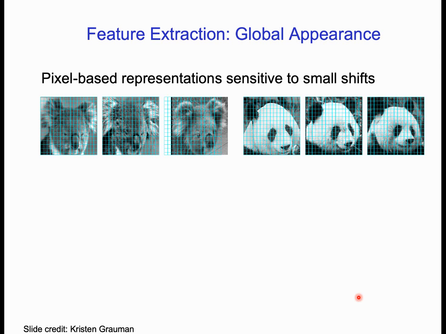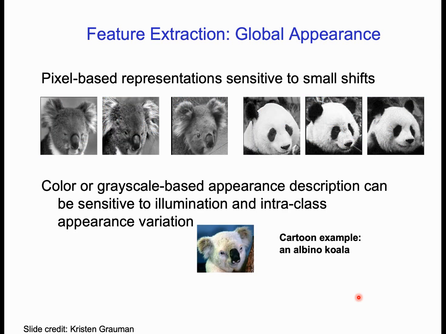So I will not be able to do a matching accurately. On the other hand, the color or grayscale-based appearance descriptions and histograms, well, they might be sensitive to illumination and intra-class appearance variations. For example, I wouldn't be able to find an albino koala if I assume that the koala color should always be gray.